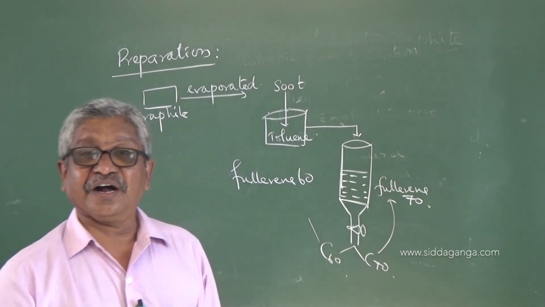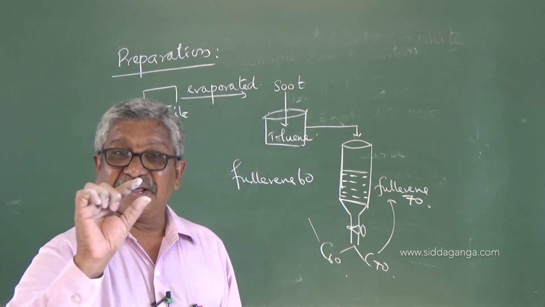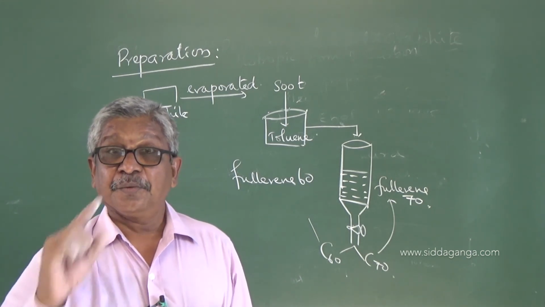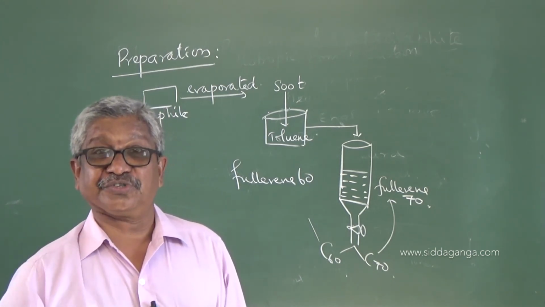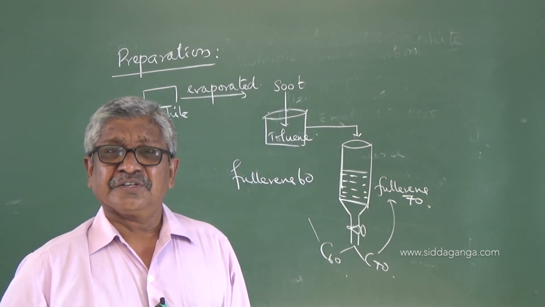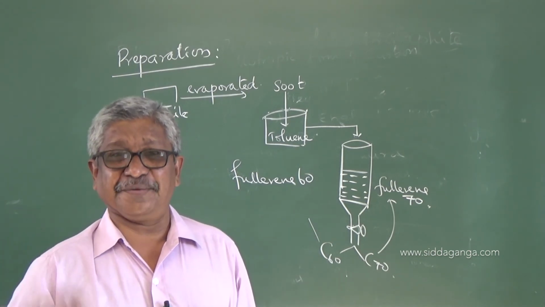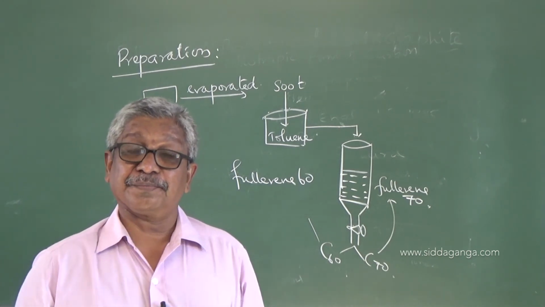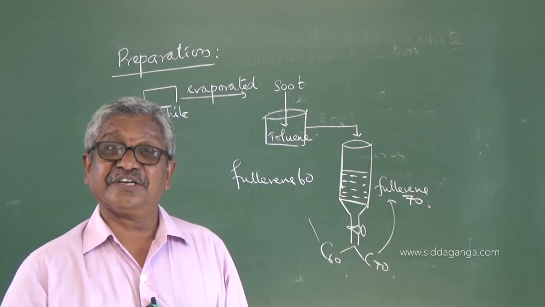How is C60 prepared? By evaporating the graphite, it produces soot, the sooty smoke. That soot is dissolved in toluene.